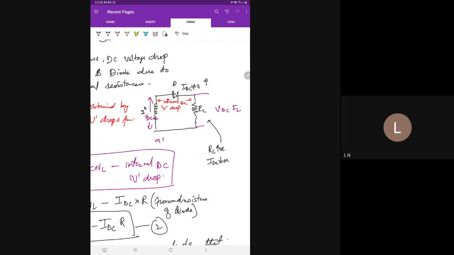And if IDC increases, the internal potential drop will also increase.